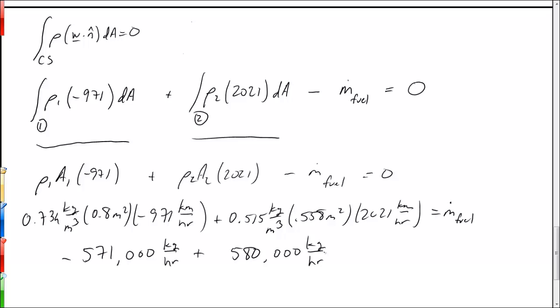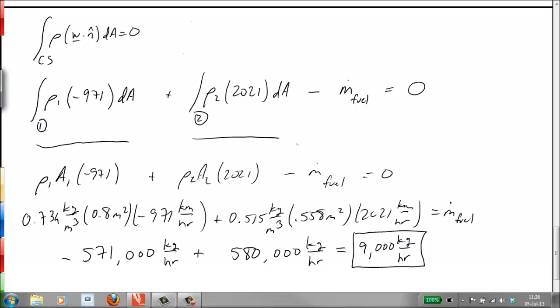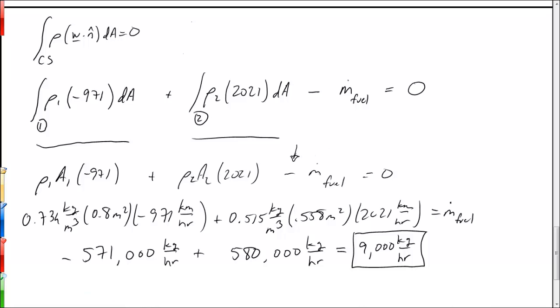And we add those together, and that gives us, it looks like, 9,000 kilograms per hour. So m dot was the rate at which the fuel was coming in. We already took into account the fact that it's coming in here, so we have the negative sign here. So m dot is the rate at which fuel is coming into our system.